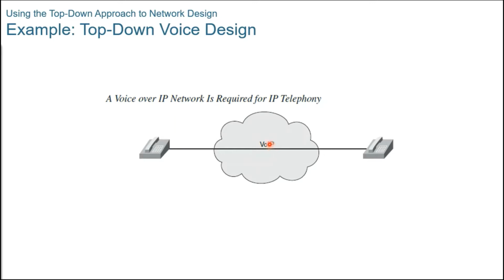IP telephony permits the use of the same network resources for both data and voice transport, thus reducing the cost of having two separate networks. To achieve this, the network must support VoIP or voice over IP technology. This first step in the design process is illustrated on this diagram here.